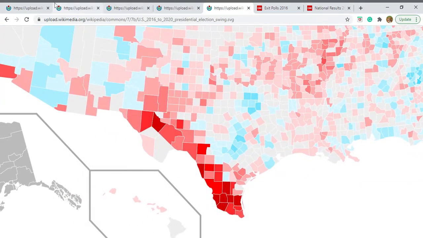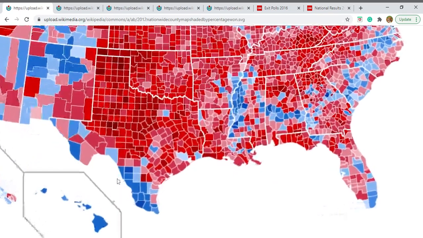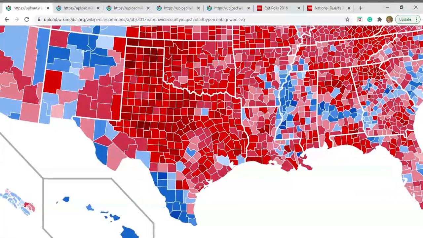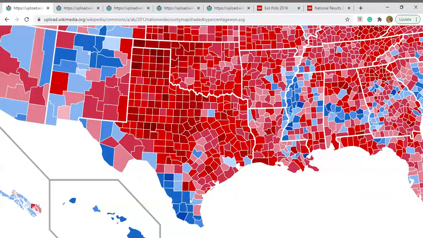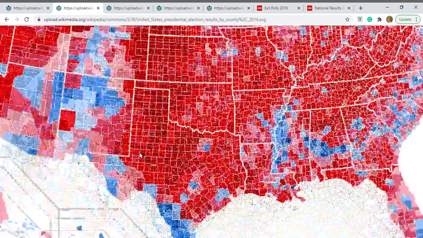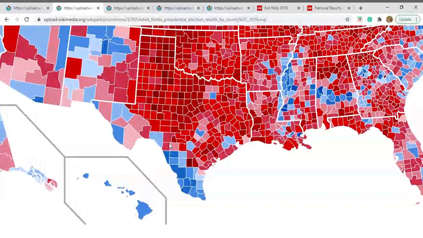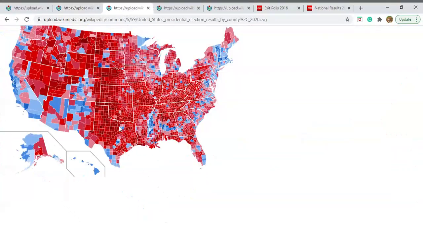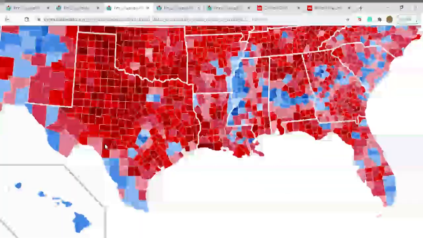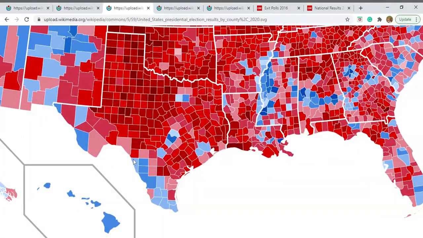And there's actually some counties that flipped. If we look at the 2012 map in Texas, see all of this blue. This is a very blue area where there's a lot of Hispanic voters. And then still somewhat blue in 2016. And then in 2020, it was still somewhat blue, but a lot of it flipped.